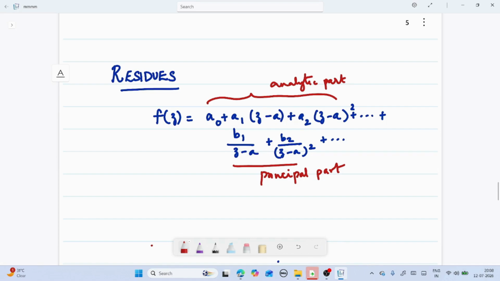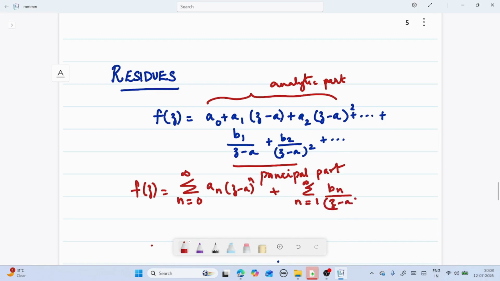Now this Laurent series can also be rewritten this way: summation n from 0 to infinity of an into (z minus a) whole power n, plus summation n running from 1 to infinity of bn by (z minus a) whole power n.